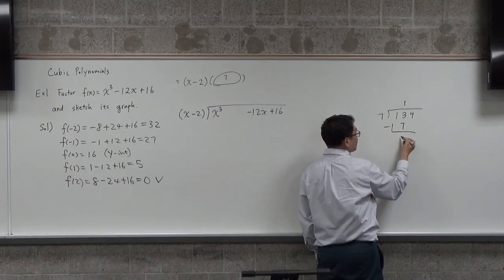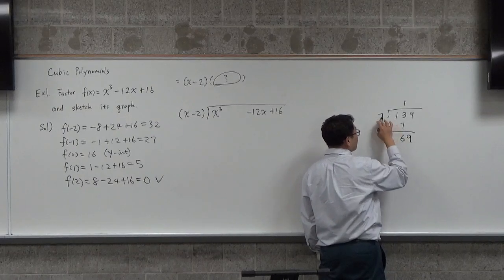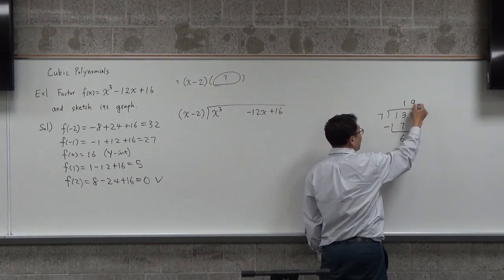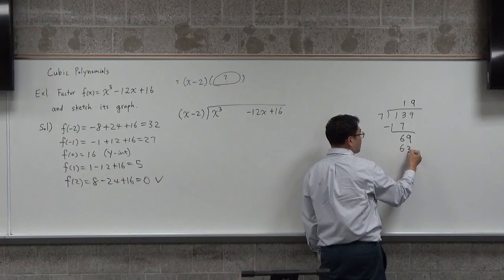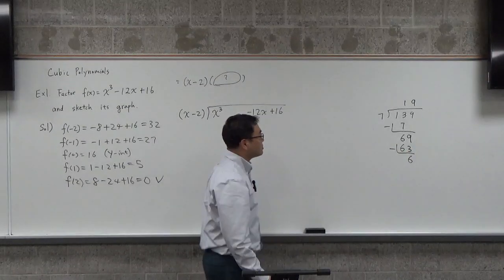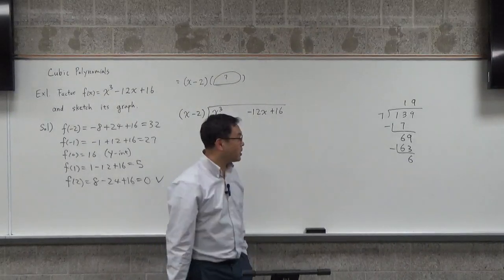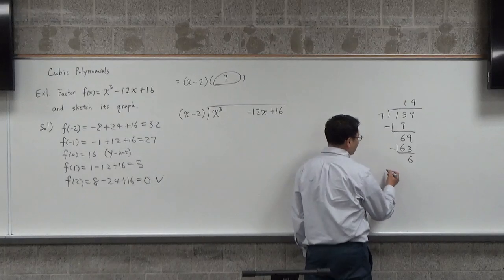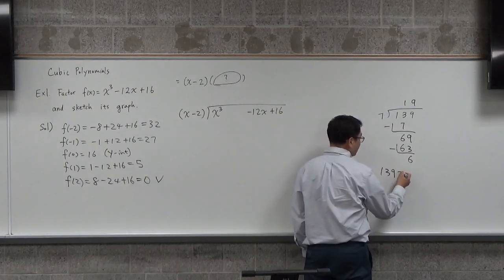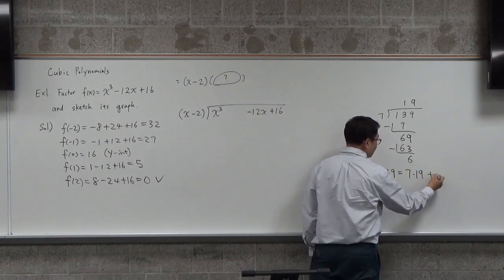That gives you 6, and then 69, and then 7 times 9 gives you 63. Subtract, you get 6, right? That's how you do a regular division. And you say the end result is that 139 is the same thing as 7 times 19 plus 6.